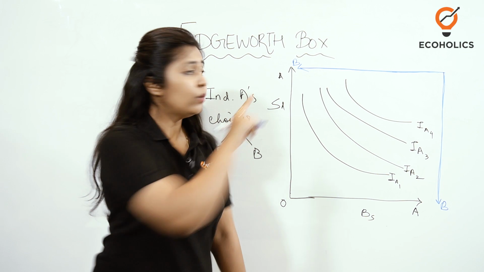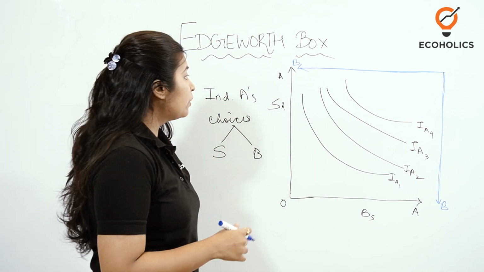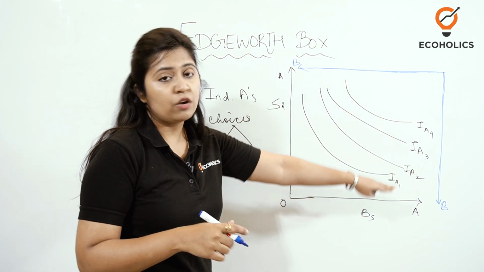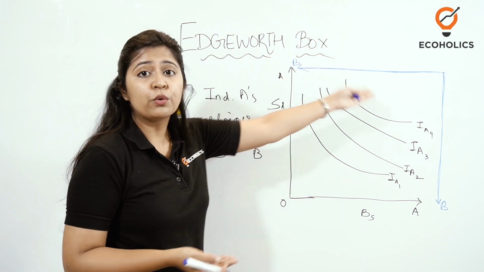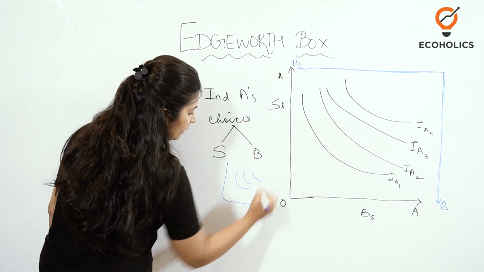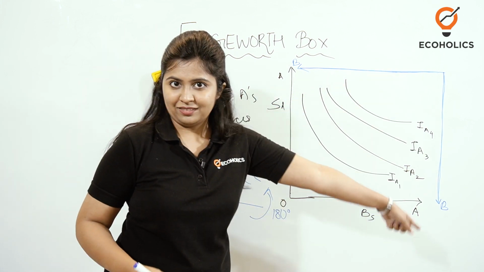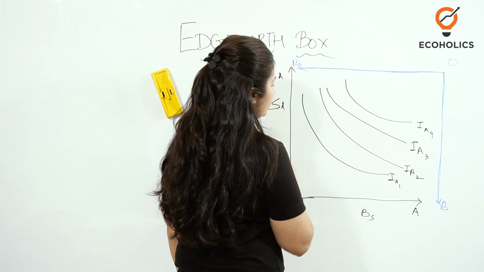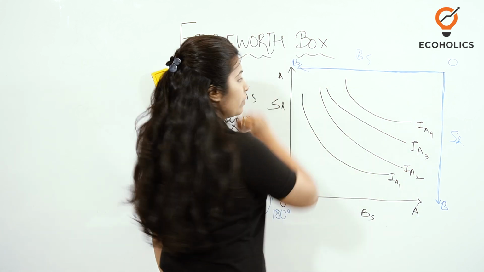The blue graph that we have made is for individual B. Now we also have to make individual B's indifference curves. Obviously they are going to be inverse, because we have rotated the graph. Originally they were something like this, but as we have rotated it by 180 degrees, they look something like this. So let us make some hypothetical indifference curves for the choices between burgers and sandwiches for individual B.